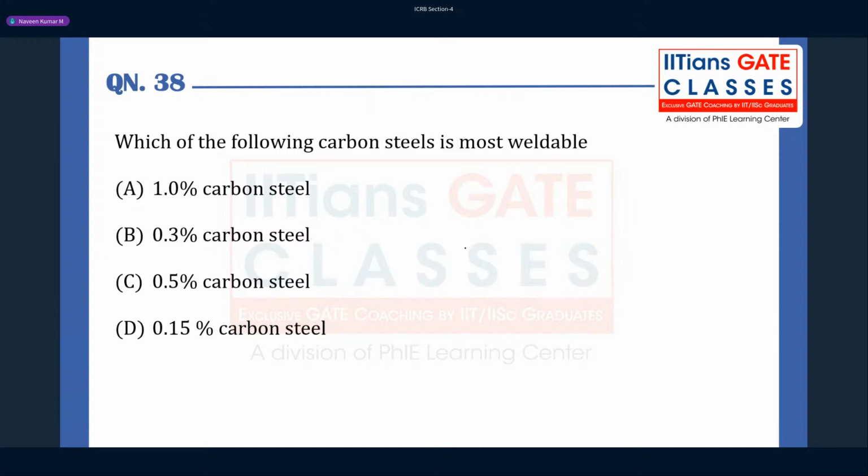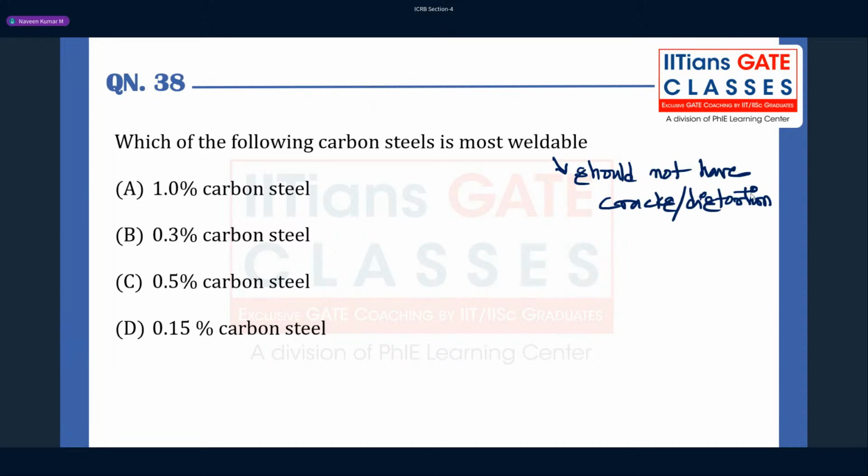Weldability is the capacity of a metal to be welded properly without any cracking or distortion, right? It should not have cracks or distortion. Distortion will happen because of the temperature gradients. Cracks will happen because of the brittleness, right?